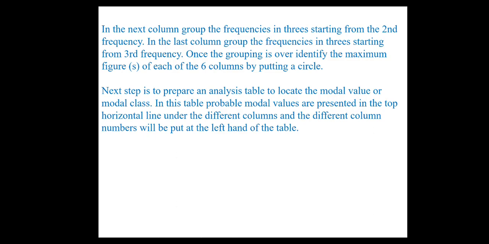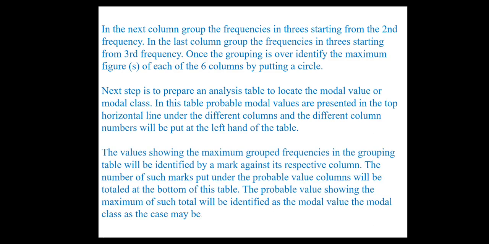Next step is to prepare an analysis table to locate the modal value or modal class. In this table, probable modal values are presented in the top horizontal line, and the column numbers are put at the left-hand side of the table.